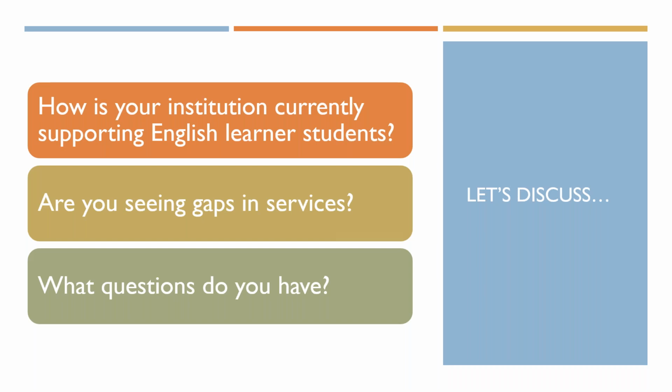Are there areas where you could improve, where you see possibilities for partnerships within your community? And then what questions do you have for me? So I'm going to throw all 3 of those out there at you. I'll give it a minute to let you guys collect your thoughts, and if you want to share any comments or questions, I will be happy to do my best to answer.